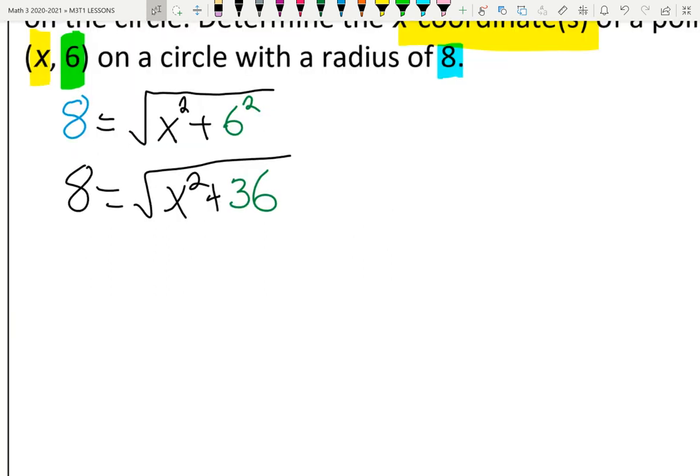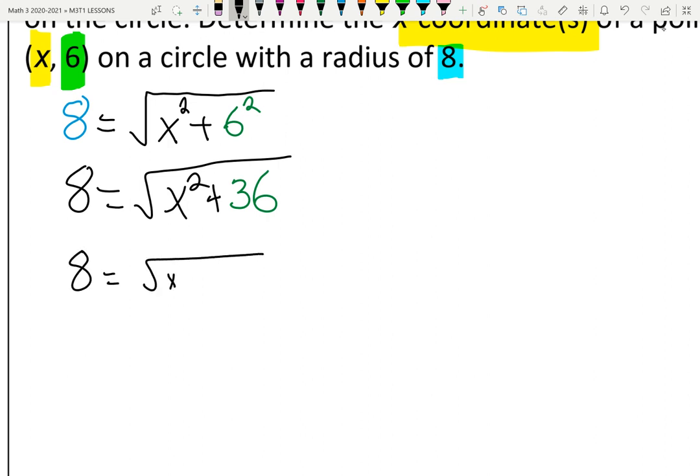Well, the radical's by itself. So I'm going to raise both of them to the same power. 8 is equal to the square root of x squared plus 36. Raise this to the second power. Raise this to the second power. This is going to result in 64 being equal to x squared plus 36.